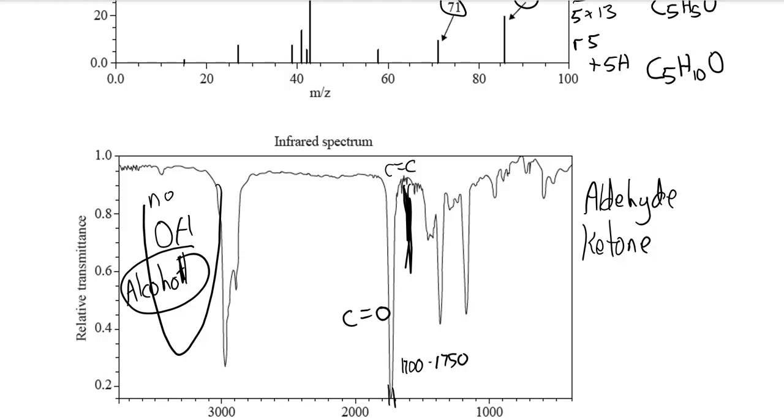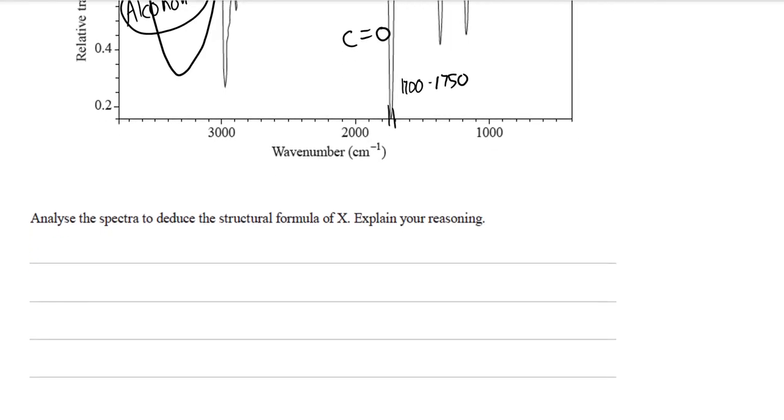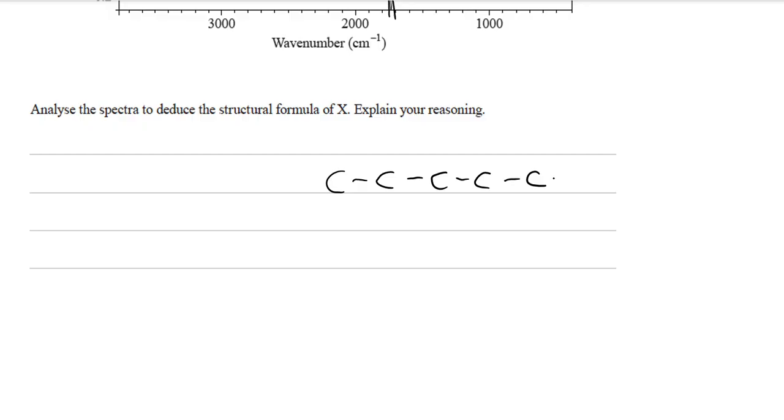Okay, so let's start by drawing what the structures could be. So I'm going to start with my aldehyde. And I'm going to do my 2 ketones that possibly could be. So I can have one here.